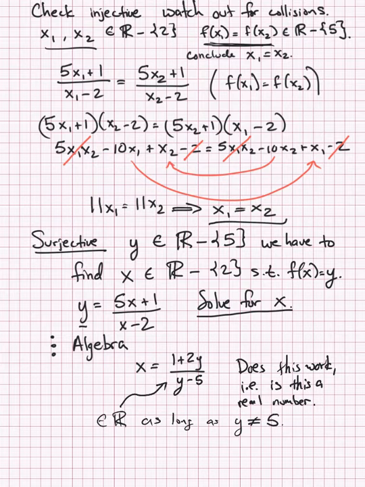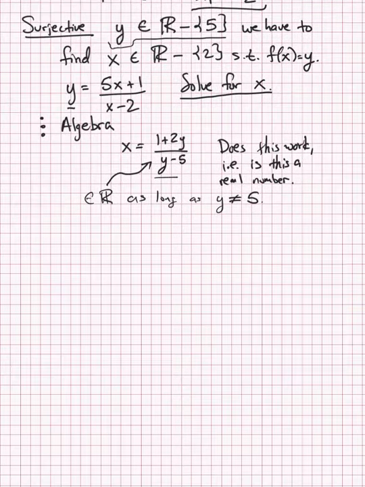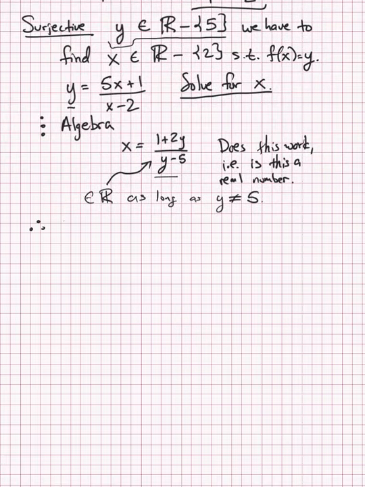But we assumed that y is in the real numbers minus 5, okay? And therefore, we just get this as our answer. So this proves that this function is bijective, so therefore f is bijective.